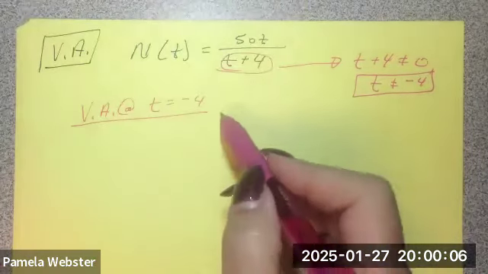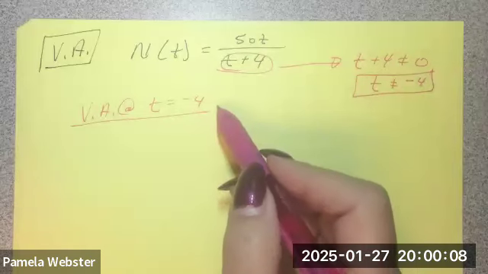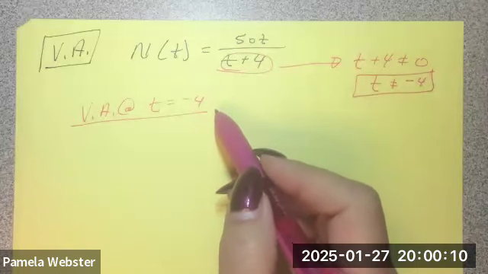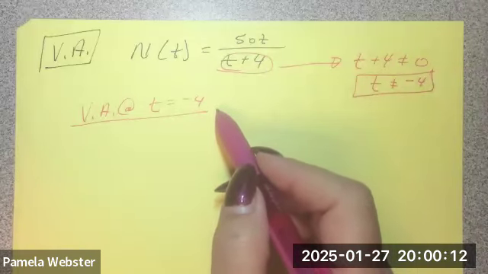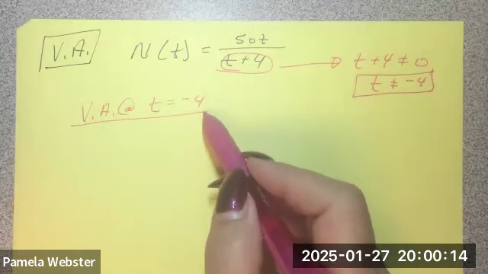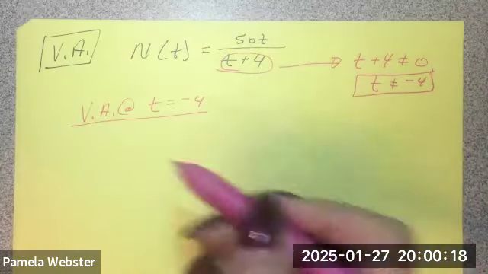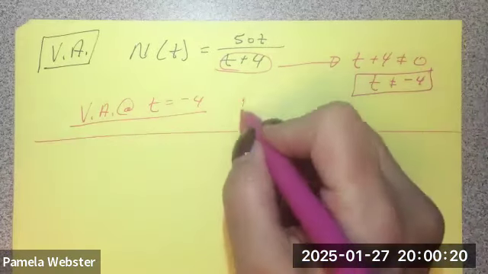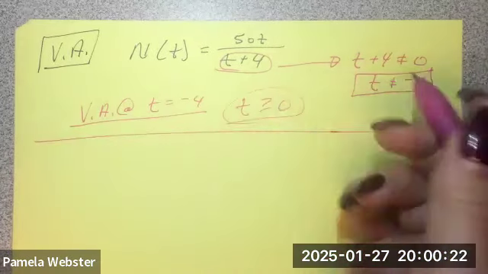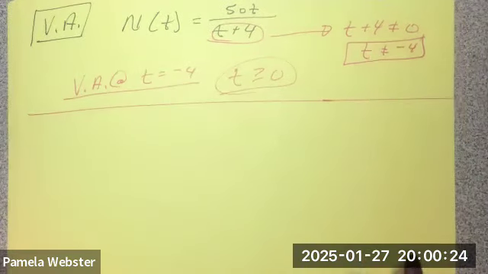I can't have -4 training days. So it's a mathy answer that in this case doesn't really make sense in the real world. Okay. We do get an answer. T can't be -4, but it doesn't really pay off here because T has to be greater than or equal to 0. So we don't care. Okay. So let's keep going.